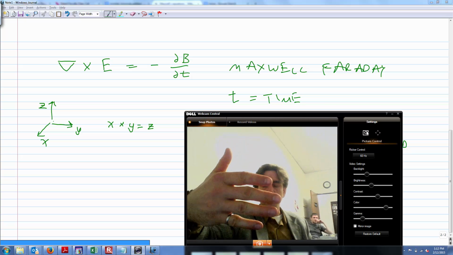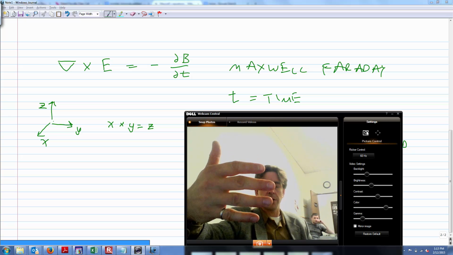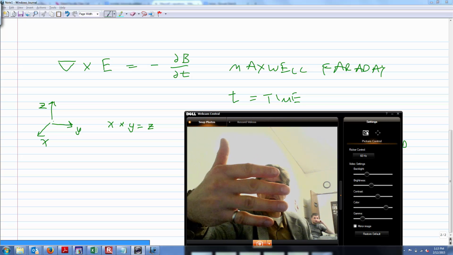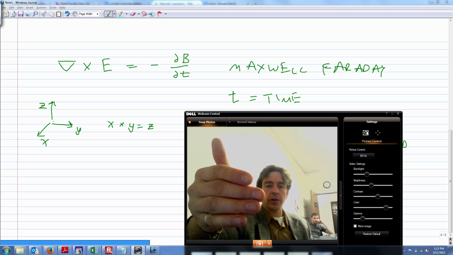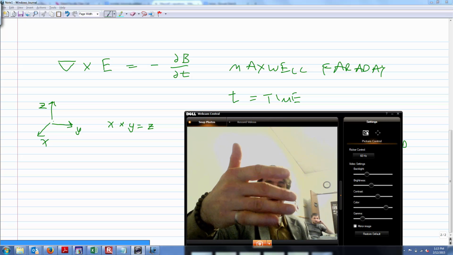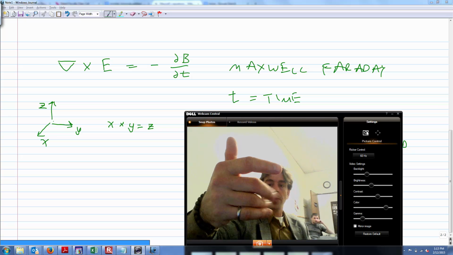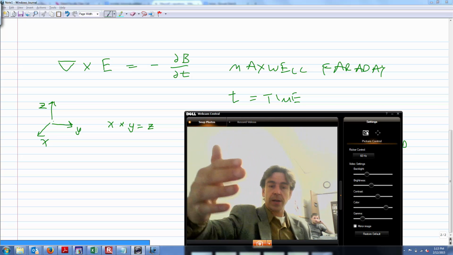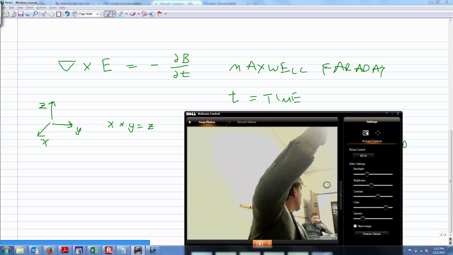So if I have my right hand pointed to the left, and I'm going to take it and cross it into my palm. So you can think of my fingers as being the X-axis, my palm as being the Y-axis, and I'm actually spinning that X-axis into the Y-axis, and there goes the Z.